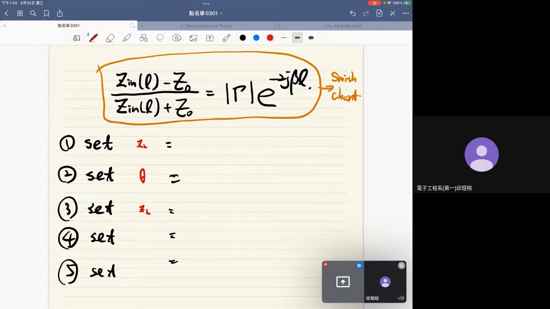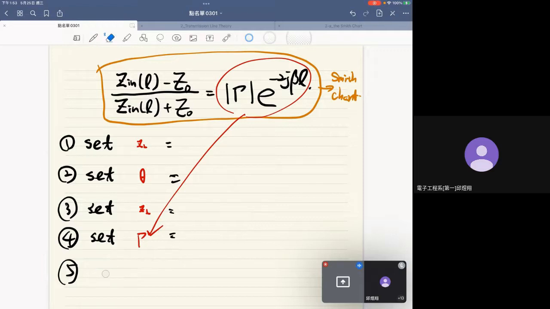And for this part, the gamma, all of them will equal something. I think 4. There are 4 assumptions.